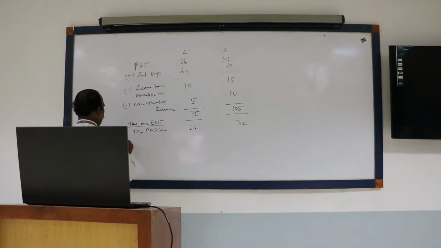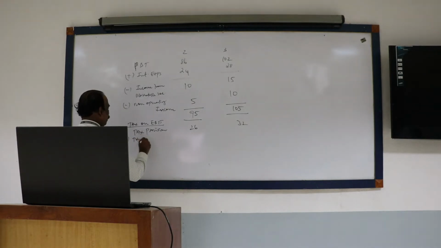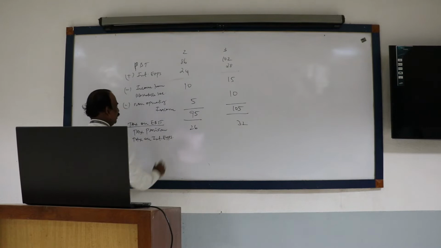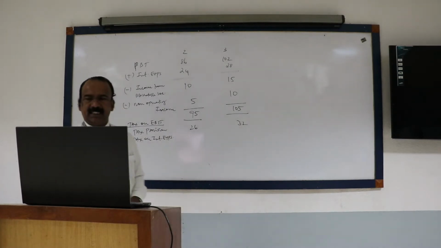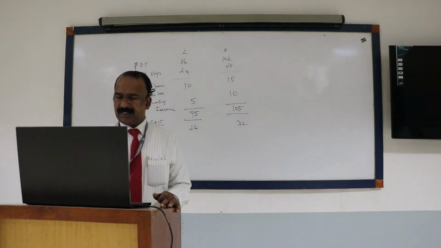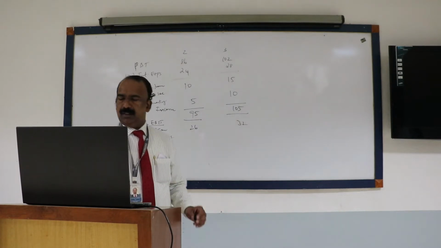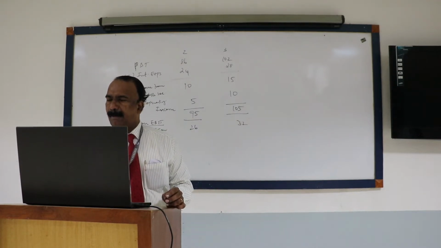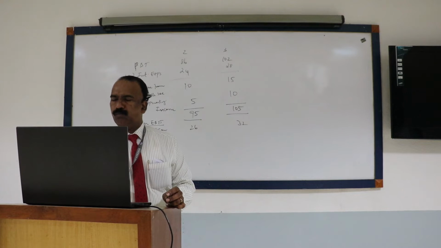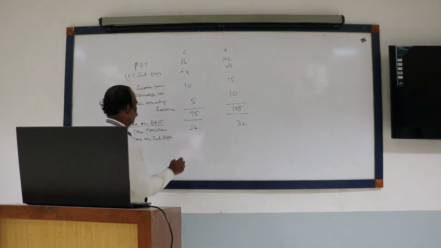Add back tax on interest expenses. Tax rate is given, 40%. So 40% on 24 is 9.6.